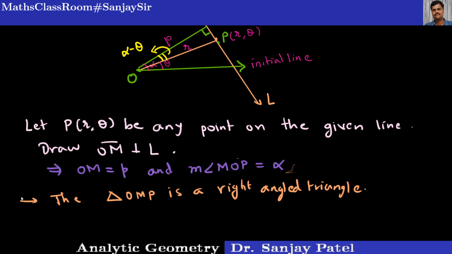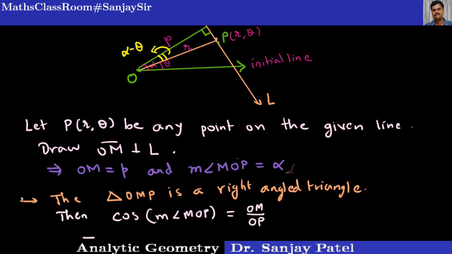I can say then cos of the angle MOP is equal to the adjacent side, just a minute, yes, sorry, the adjacent side is OM upon the hypotenuse, that is OP.